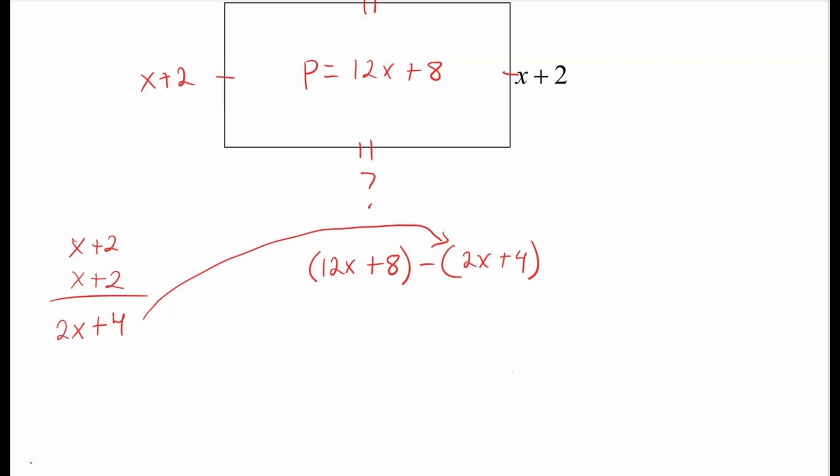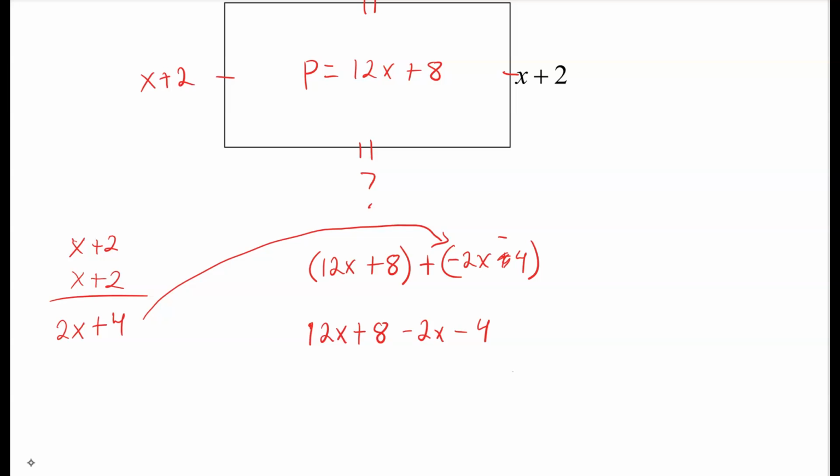We know that the first step for a subtracting polynomial question is to change the second set of brackets, which means we're going to change the middle to a plus, change this to a negative, and this positive 4 to a negative 4. So what we have now is 12x plus 8 subtract 2x subtract 4.